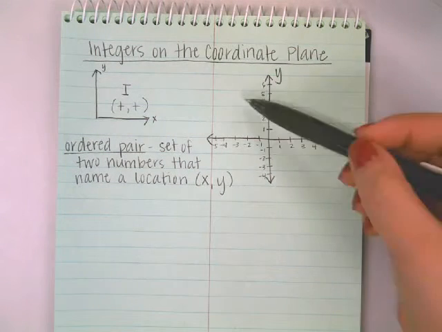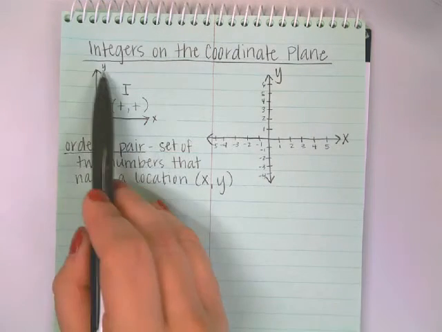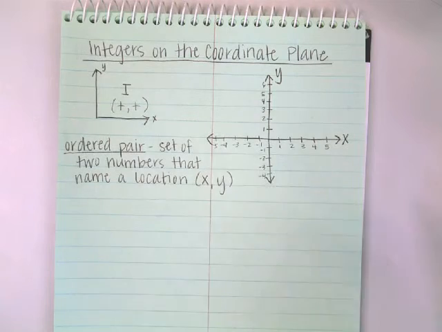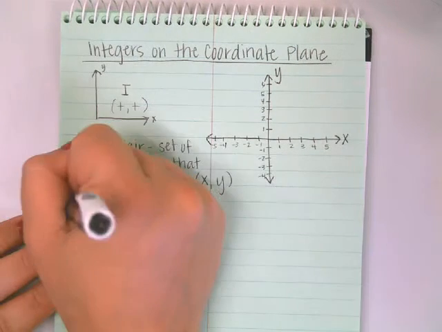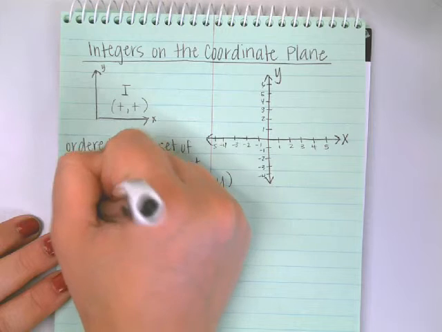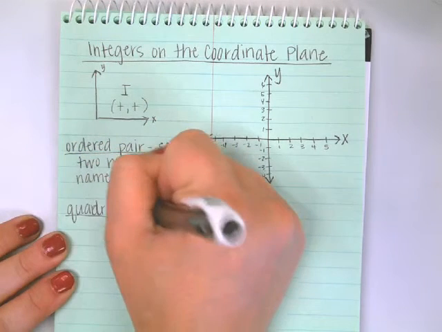So now we have 4 different places we can graph points. Before you only had one little section, but now you have 4 sections. And each of these is called a quadrant, like they mentioned in our BrainPop video.